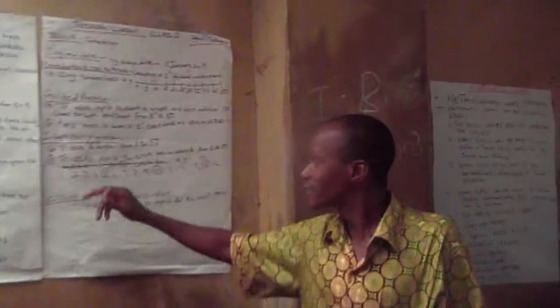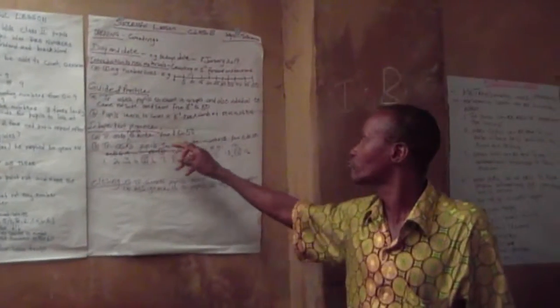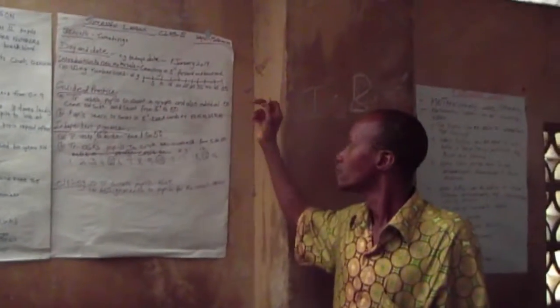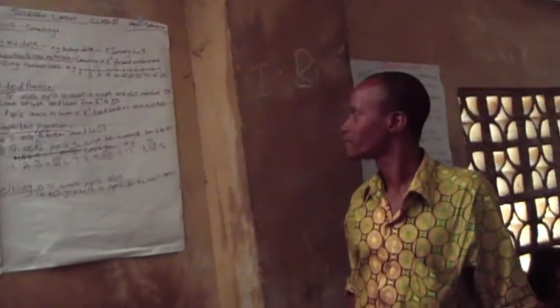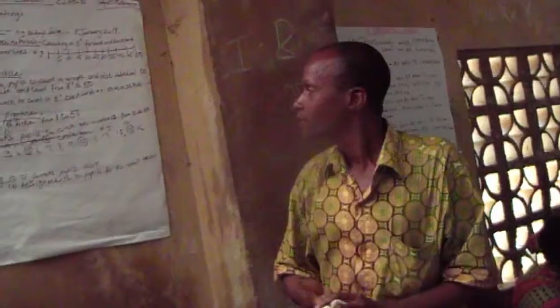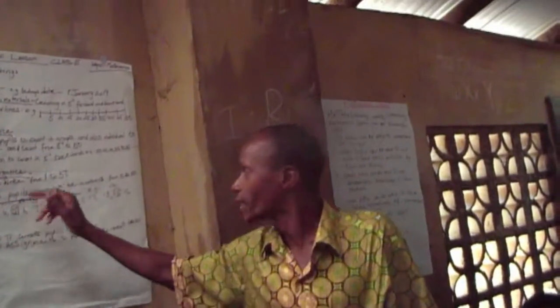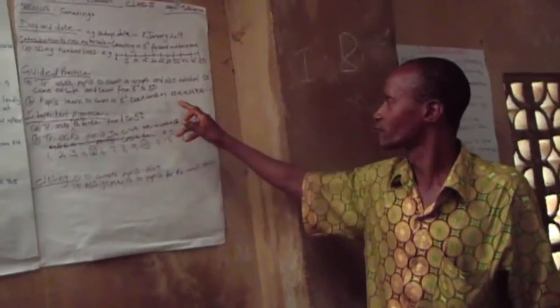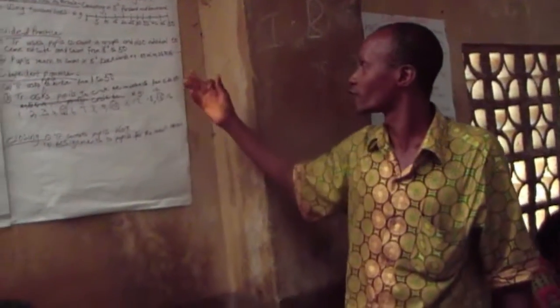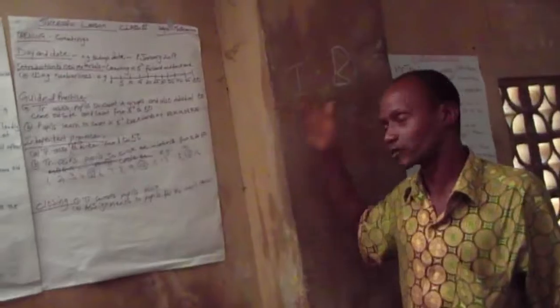Then you ask them to come out and count 5, 10, 15, up to 50 in the class. The other step, you ask pupils to learn how to count backward, wherein you start from 50, 45, 40, 35, 30, and so on.